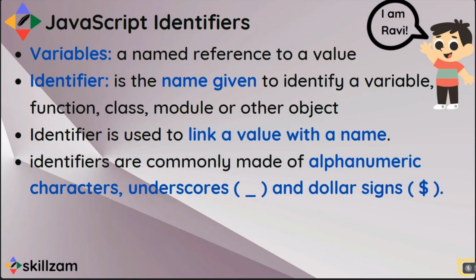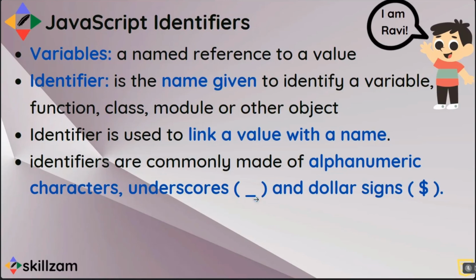You can't write an identifier with a hyphen or a colon inside it, so that is not valid. When you are naming an identifier, which might be a variable, a function, a class, a module, or any other object, it should always contain alphanumeric characters, and an underscore can be used in identifier naming.